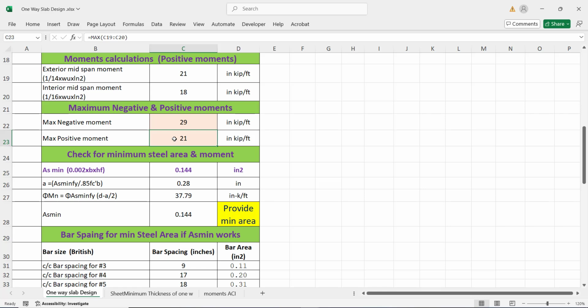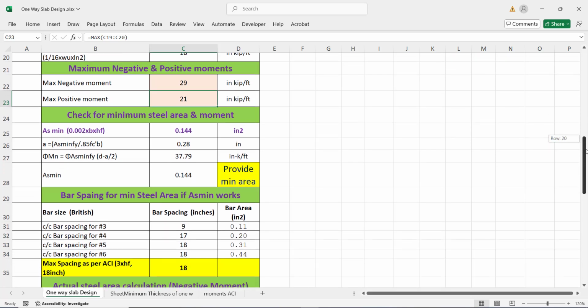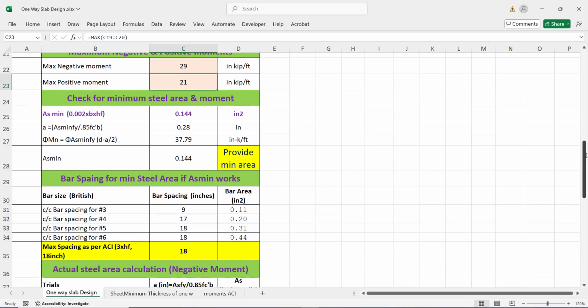Now come to the design stage. Now we will take, as per the code, what is the minimum area required for a simple one-way slab. Okay, so as per the code, the minimum area required is 0.002 b into h. B is the breadth, that's 12 inches.